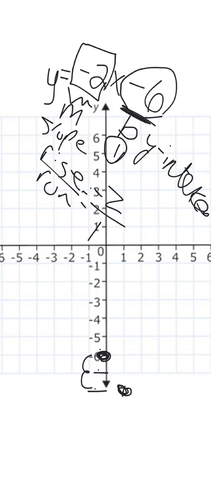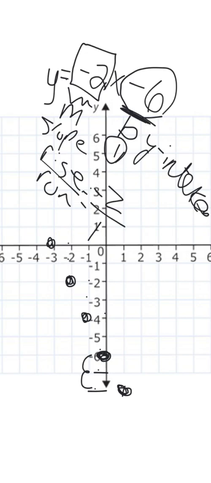So instead of falling 2 and going right 1, you can rise 2 and go in the opposite direction 1 time. Rise 2, go in the opposite direction 1 time. And then you will connect those points to form a line.